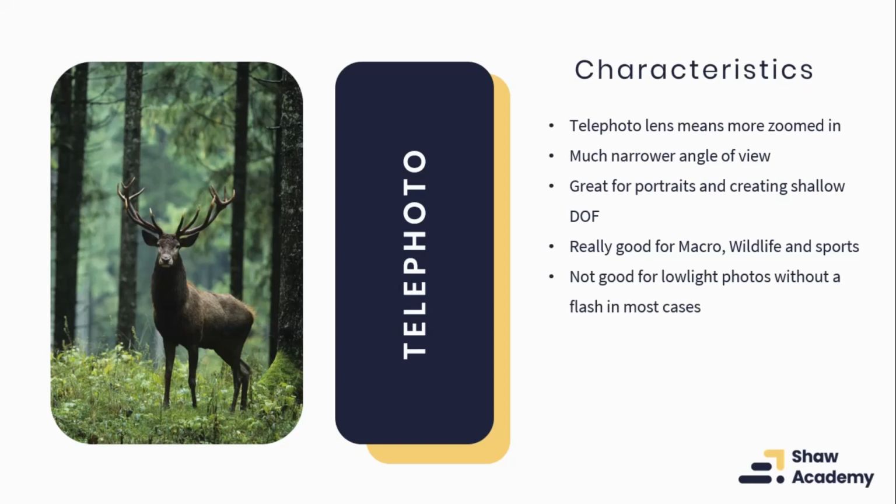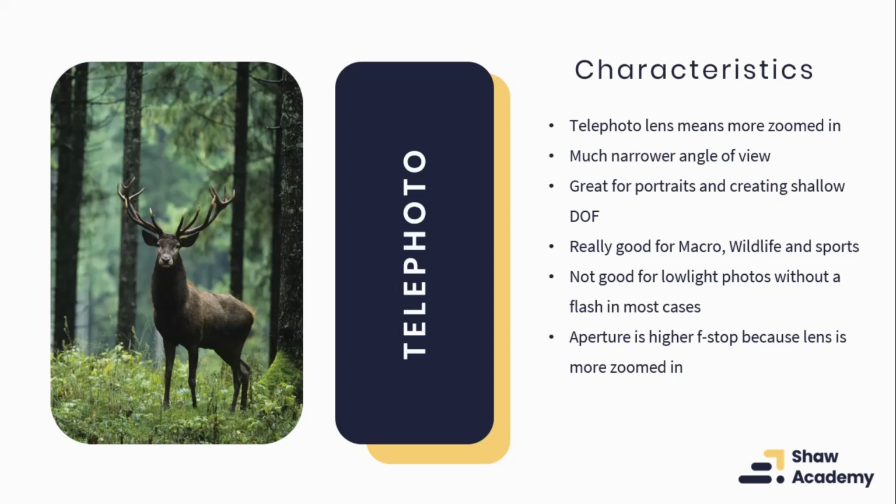So if you're trying to do a little bit of night wildlife photography, that's where things are going to get very, very tricky, especially when using a telephoto lens. Now, you're going to have less light as well with these lenses because the aperture is higher. They use a higher f-stop because it's more zoomed in. So this is just simply down to the mechanics of the lens.